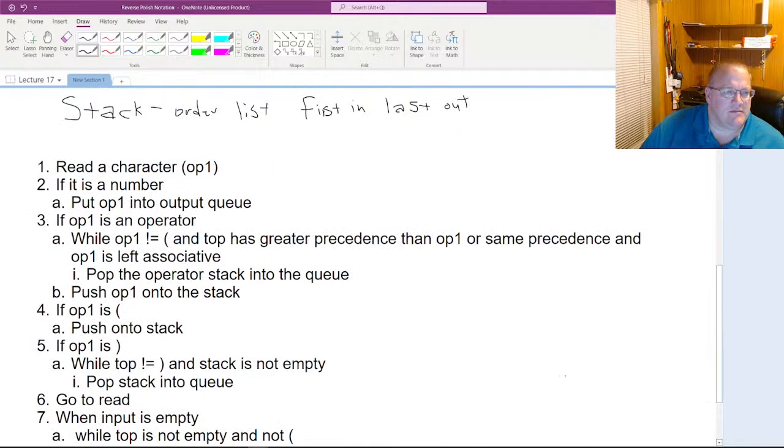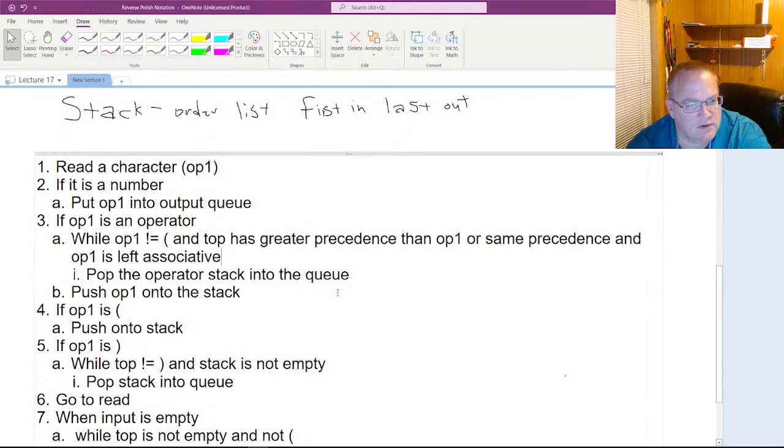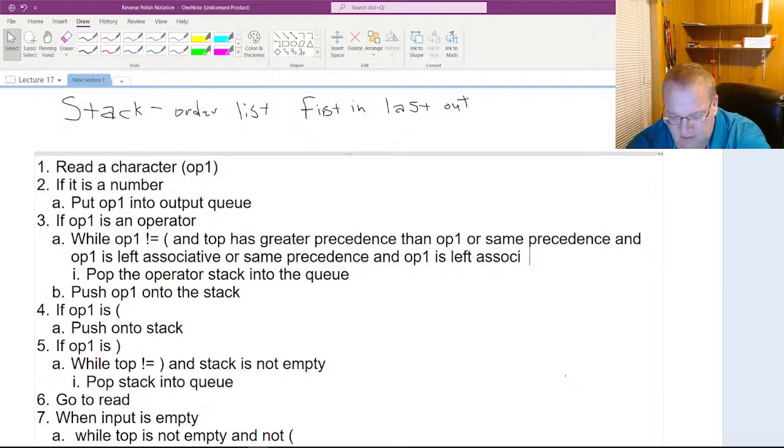Next thing, minus. Is it an operator? Yes. But because, I just realized I did not finish this. Or I deleted it. Or same precedence and op1 is left associative.